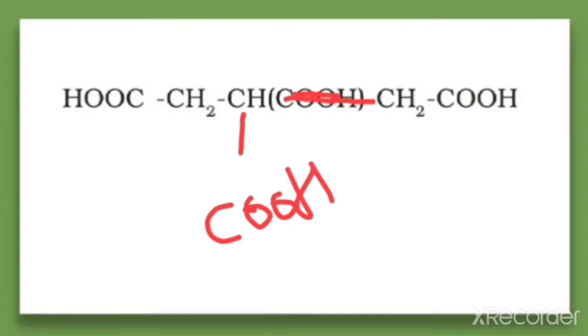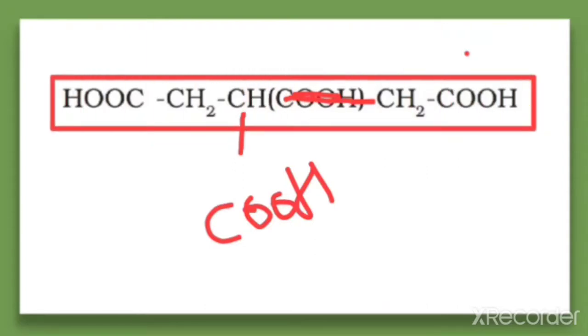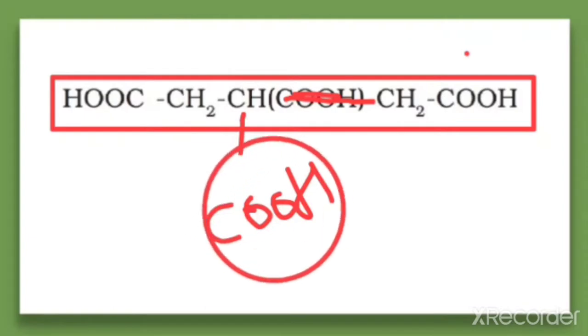So here, when the 3 acidic groups are there, it is not possible to include all the 3 acidic groups in the main chain, because the chain should be continuous. If we include these in the main chain, this one will not be in the chain.